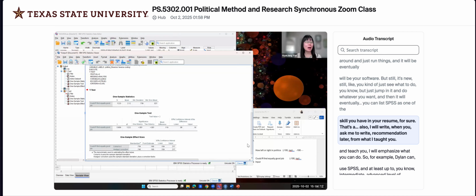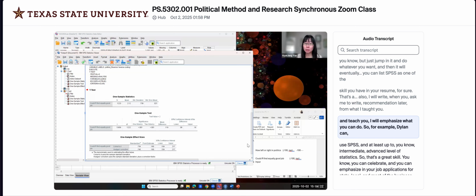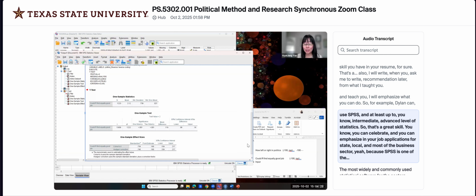That's also what I will write when you ask me for a recommendation letter, from what I taught you. I will emphasize what you can do. So, for example, Dylan can use SPSS and at least up to intermediate advanced level of statistics.